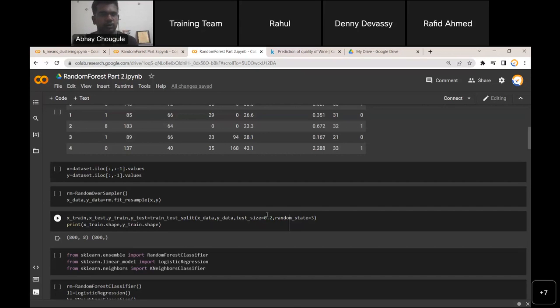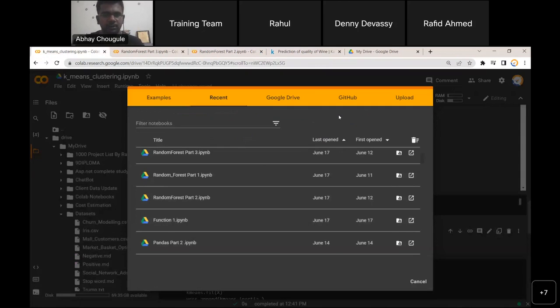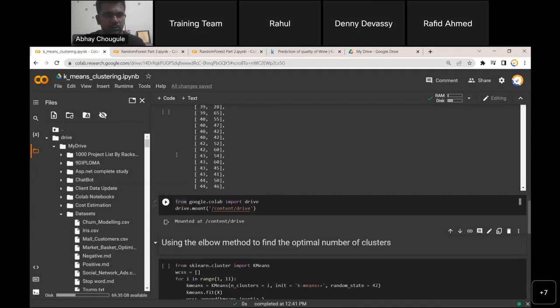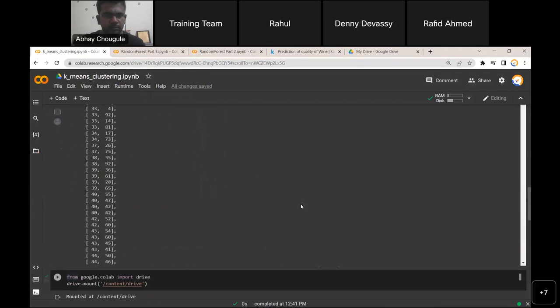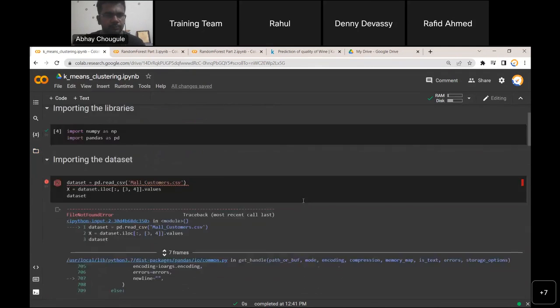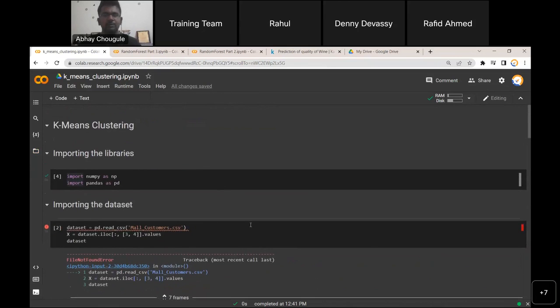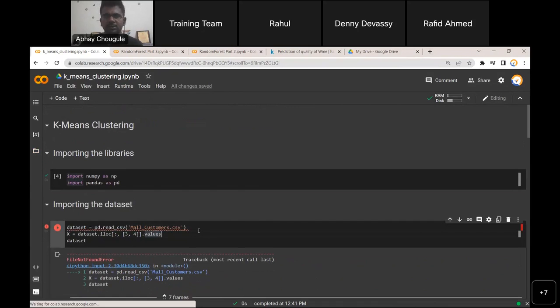Today I will give you the introductory part of k-means clustering, and the implementation will go for tomorrow. So what exactly is k-means clustering?